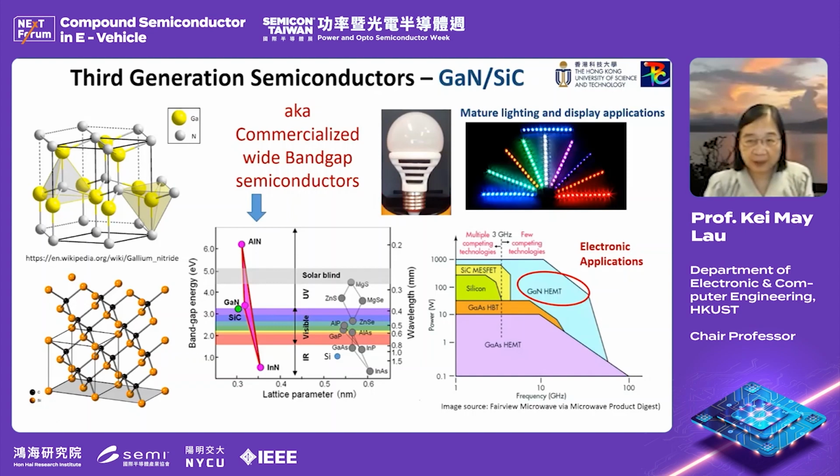So you can see here, beyond 3 gigahertz, gallium nitride is essentially the one material that can cover both high frequency and high power. Gallium arsenide or indium phosphide can get to very high frequency, but the power handling capability can be better than silicon, but it's not as high as gallium nitride.